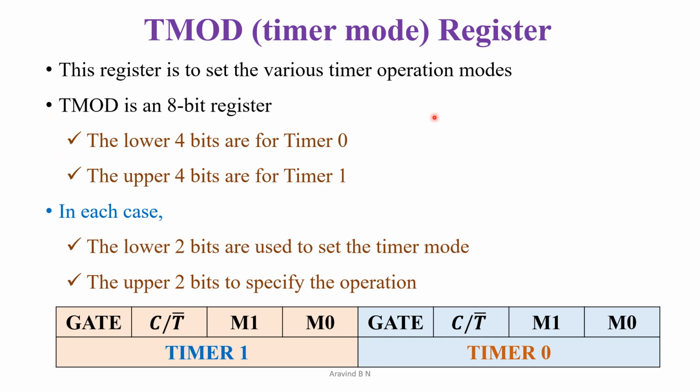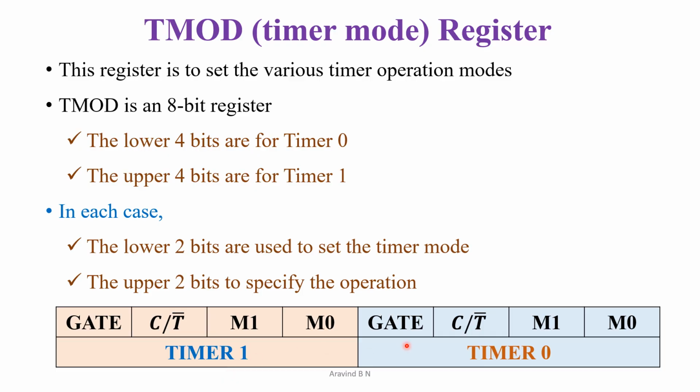Now let us get into the TMOD register. This is the timer mode control register. In this we have a total of 8 bits, as we can observe over here, of which the lower 4 bits belong to the timer 0 mode control operation, and the upper 4 bits belong to the timer 1 mode control operation.